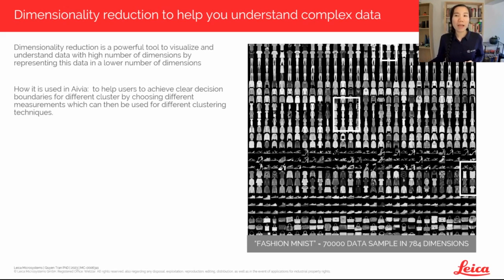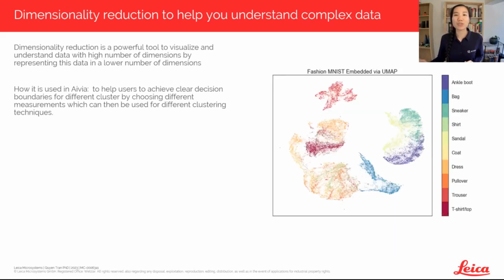So using UMAP, we can represent this in a 2-dimensional format. Here in the UMAP, we see clear decision boundaries, especially when we examine the cluster on the right, which is well defined and separated from the rest of the data. If we dig into this a little bit more, we see that this right cluster consists of sneakers, ankle boots, and sandals, which are all shoes and different from the other fashion items.